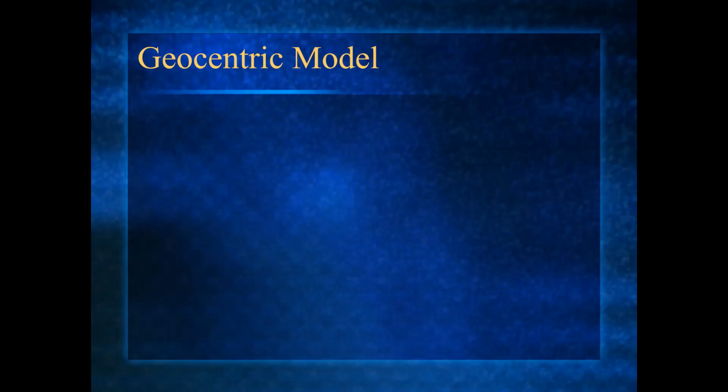You're self-centered, meaning you're the most important thing and everybody else goes around you. Anyway, geocentric, you've heard the phrase geo before, right? Like geo like geology, or geo like geography. This is saying that the earth was centered, and this is what they used to believe.